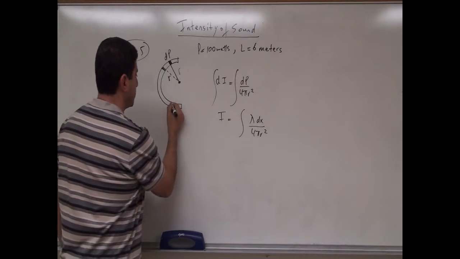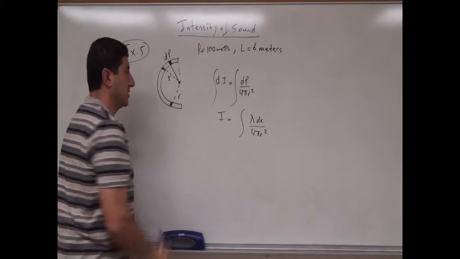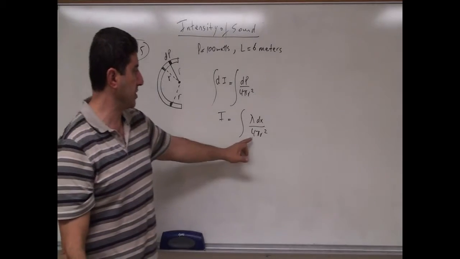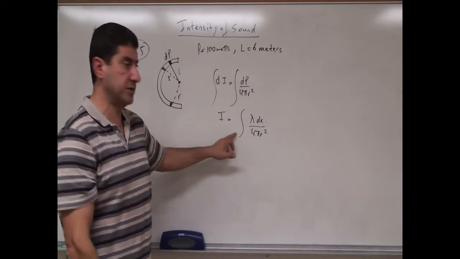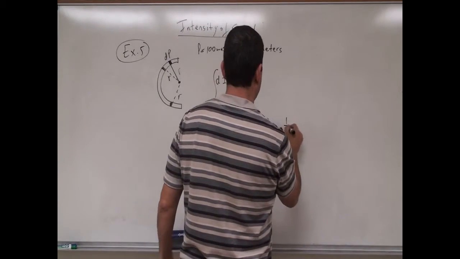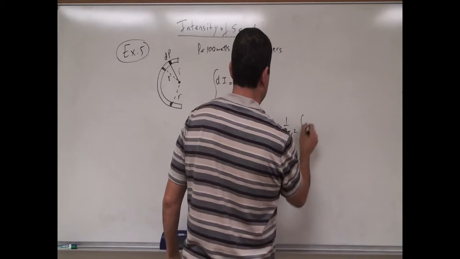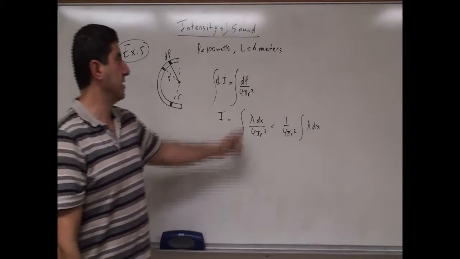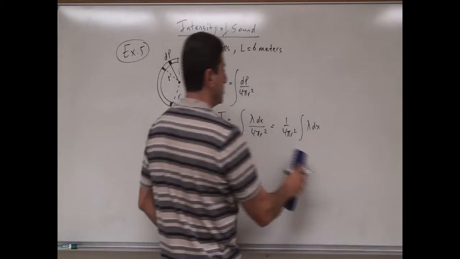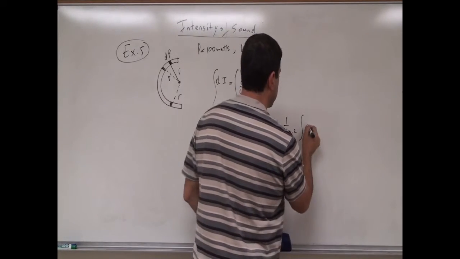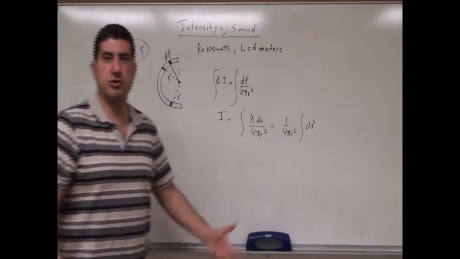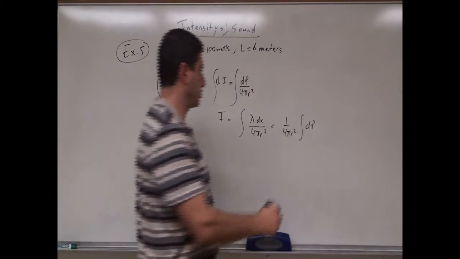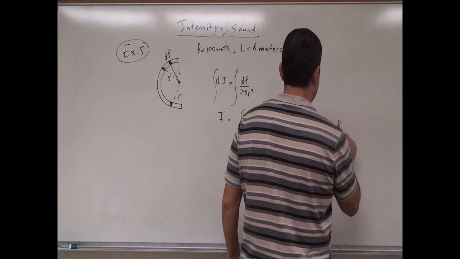So even if the piece is here, it's still r, right? So the 4 pi r squared comes out of the integral, and you get 1 over 4 pi r squared. Then you get integral of lambda dx, which is basically back to the integral of dP, which is equal to just the total power. So then it just becomes P over 4 pi r squared.